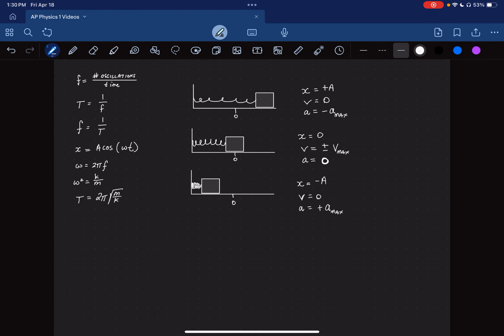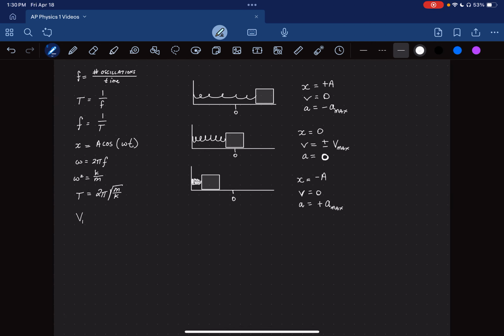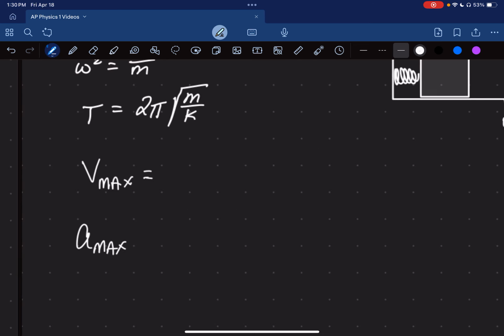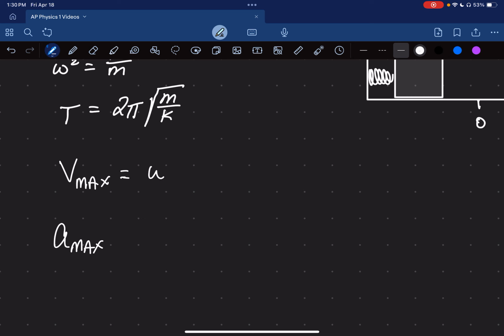And so there are some equations for the maximum velocity and the maximum acceleration. So let's write these down. Vmax is equal to omega times the amplitude, and Amax is equal to omega squared times the amplitude.